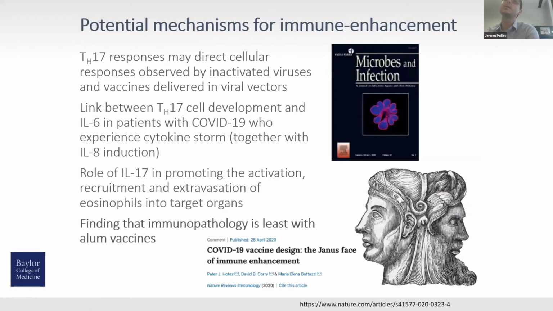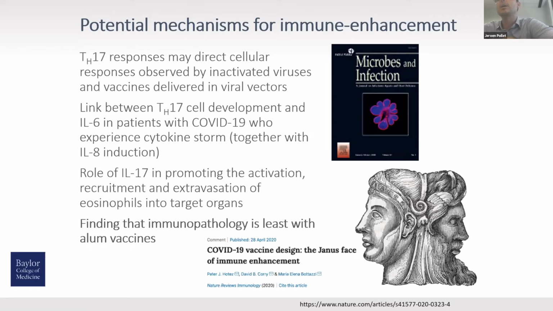And we believe that one of the potential mechanisms for immune enhancement is driven by a more cellular response, which is Th17 responses. And Dr. Hotez, together with Dr. Corry, actually made a nice publication last month where they linked the Th17 response to IL-6 and IL-8 that is induced through the cytokine storm of people experiencing COVID-19.